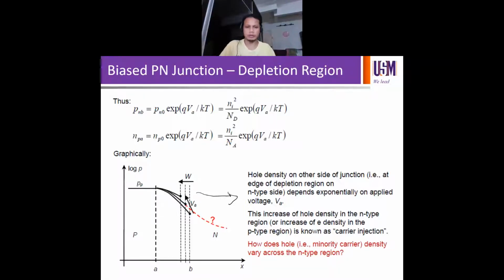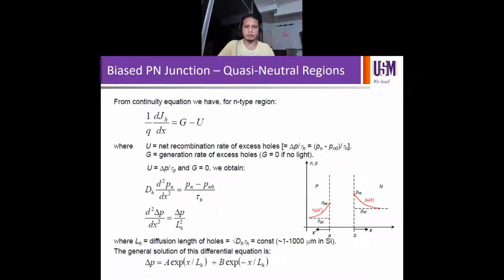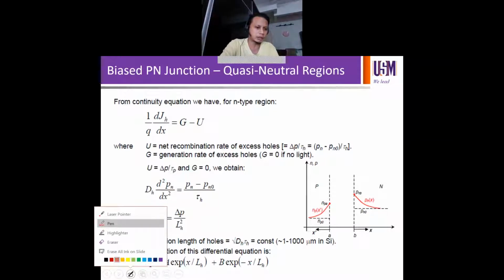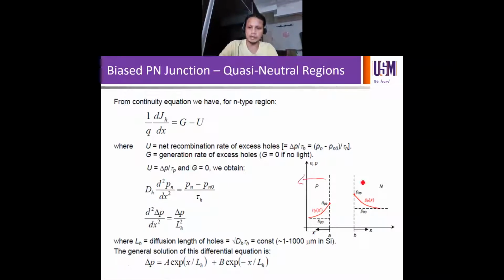Okay, right, good. So now let's move on to the next one. We're going to continue with this slide actually. So we want to calculate the density of minority carriers on both sides in these two regions, on the left hand side here and also the right hand side. The central region here is the depletion region or space charge region.